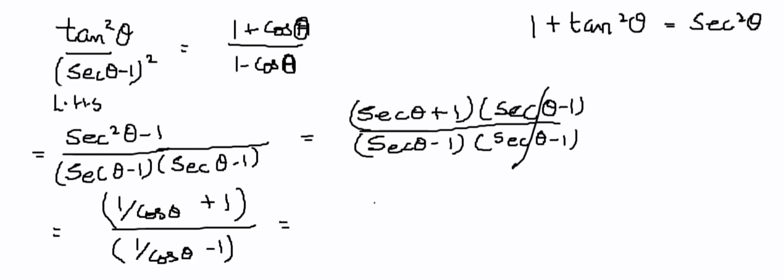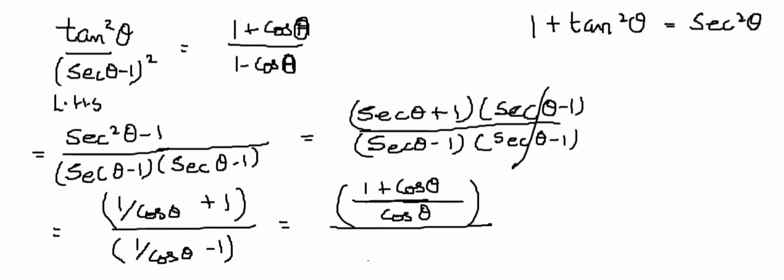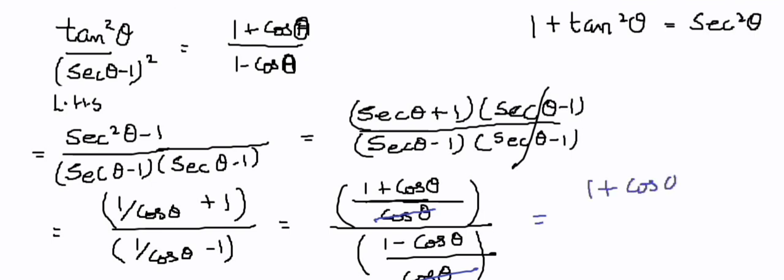So now taking the LCM, I will get 1 plus cos theta, and here in the denominator I will get 1 minus cos theta upon cos theta. Now this cos theta cancels out, and I will be left with 1 plus cos theta upon 1 minus cos theta, and this is our RHS.